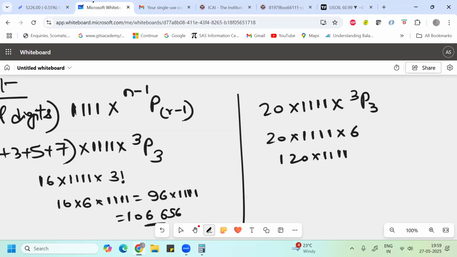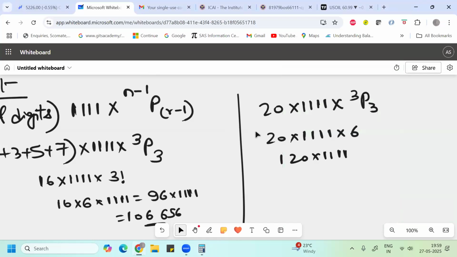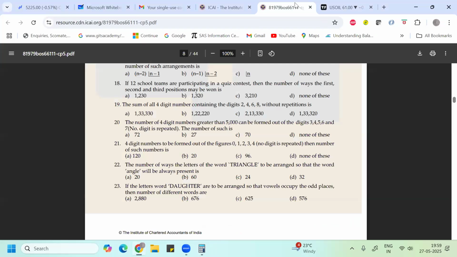You can solve this: 120 into 1, 1, 1, 1 gives 133,320. This is your answer. And this is the shortcut formula. Otherwise, if you do it mathematically, it would be very lengthy. So the answer is option D.